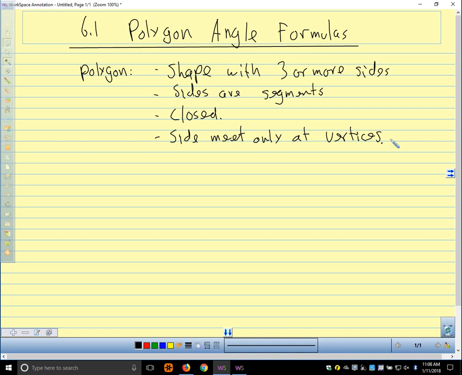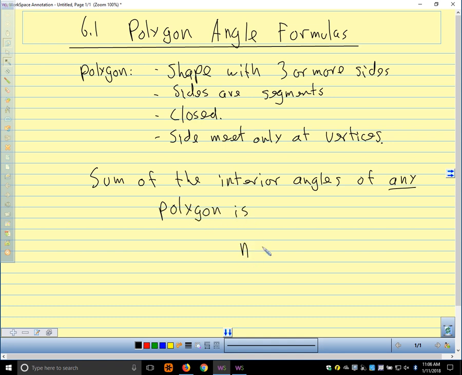Then we worked on our activity, and we decided that the sum of the interior angles of any polygon is n minus 2 times 180 degrees, where n is the number of sides.